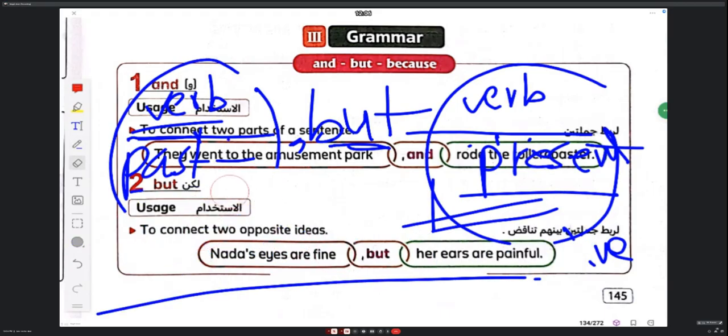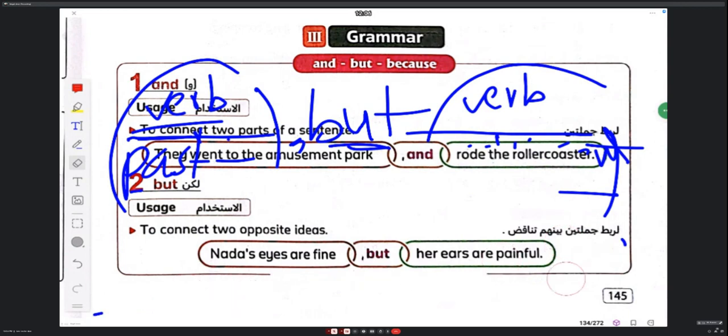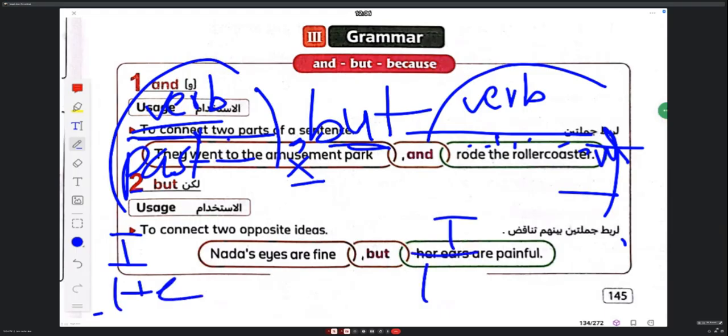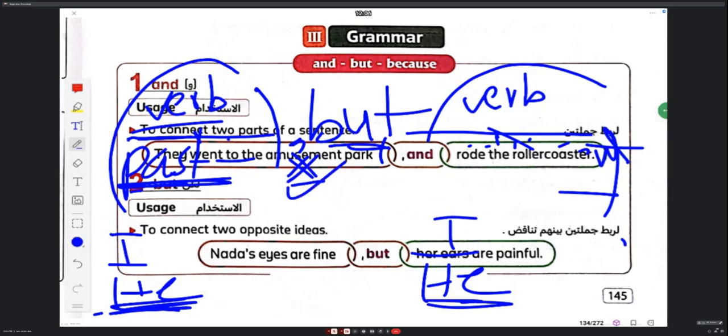The comma before but is obligatory if the subject is not the same. But it's optional if the subject is the same: if the sentence began with he and is followed by he, I can omit the comma or keep it. If the subject is different, it's obligatory to use the comma.